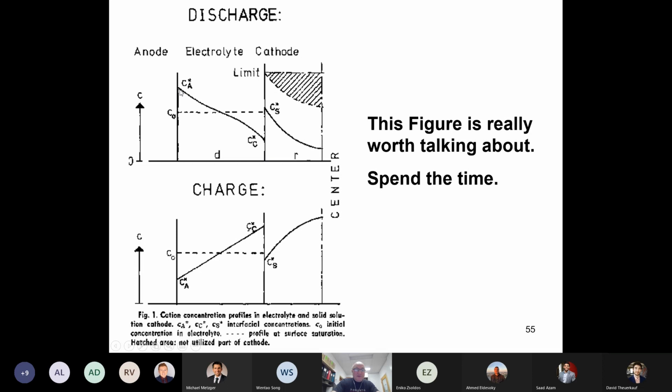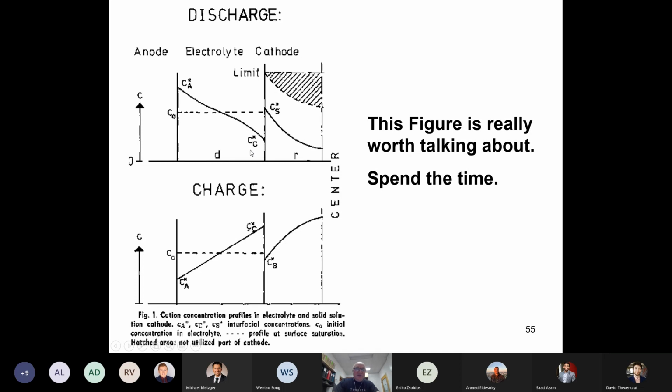So for lithium to move from the anode to the cathode, to move from the left to the right, there has to be a concentration gradient in the electrolyte. Otherwise, diffusion wouldn't take place. Okay, so that's where this concentration gradient comes from.